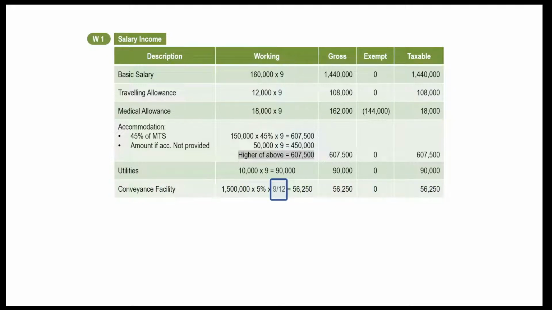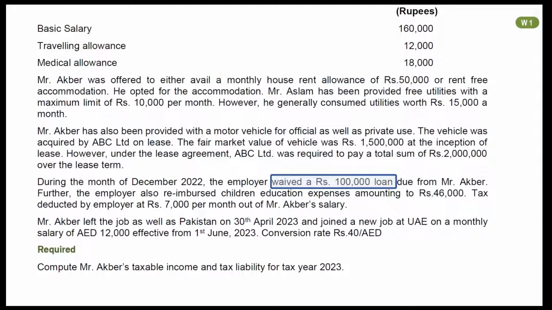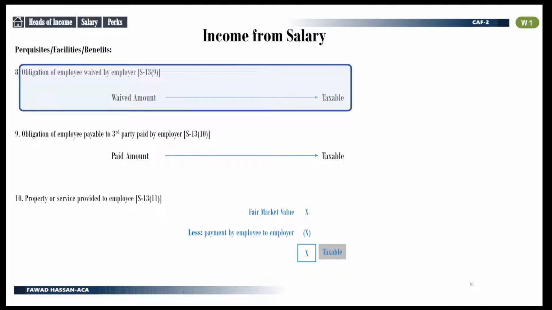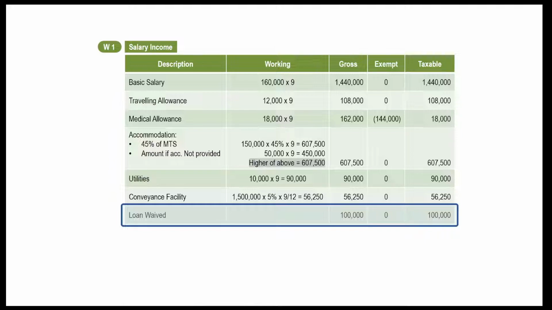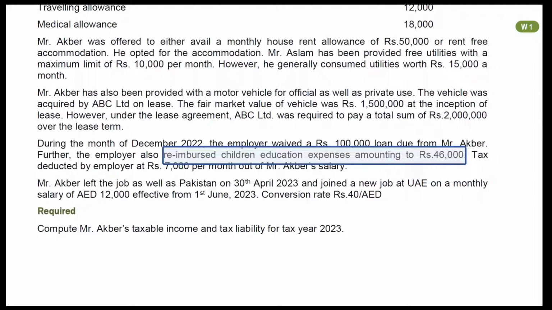Next information is about amount of loan waived off by employer. Recall notes slide. If an obligation of employee is waived by employer, then the amount waived will be taxable. Mention it in your working. Rs 100,000 will be included in taxable salary income. Next information is about reimbursement of children education expenses.